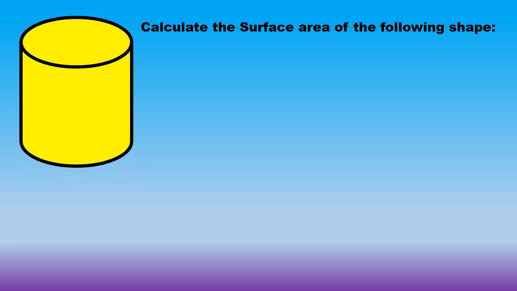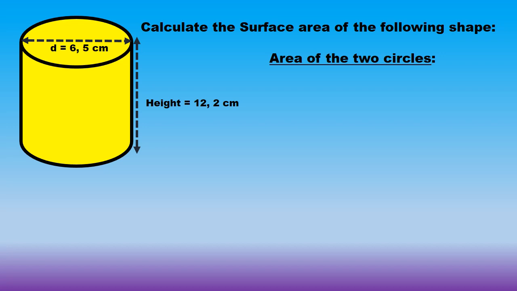Okay, let's have a look. They say calculate the surface area of the following shape. They give us the diameter, so very important, we have to divide that by 2 because we only work with the radius. And they give me the height is 12.2 centimeters. So first of all, let's start with the area of the two circles. The area of one circle is pi r squared.